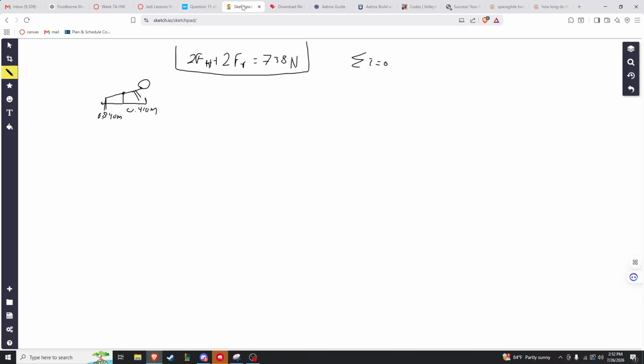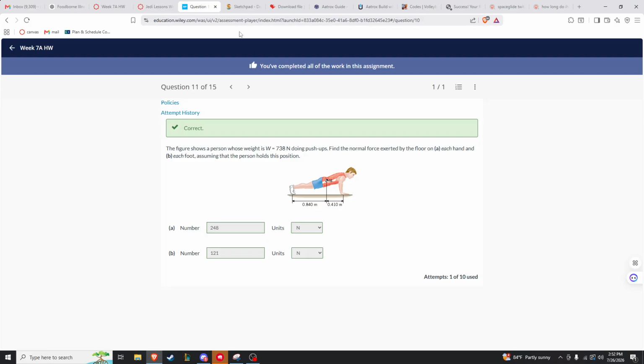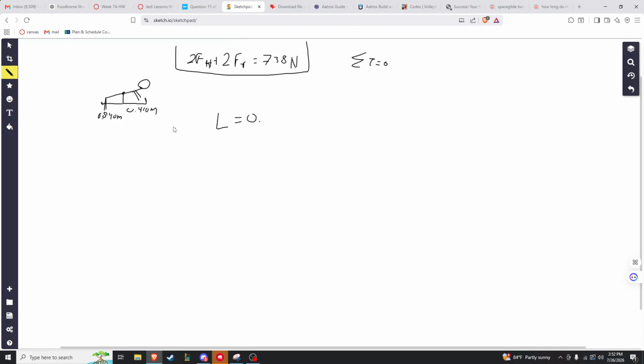What we can do here is add these two distances together, the total length he's taking up. 0.840 plus 0.410 is equal to 1.250 meters.